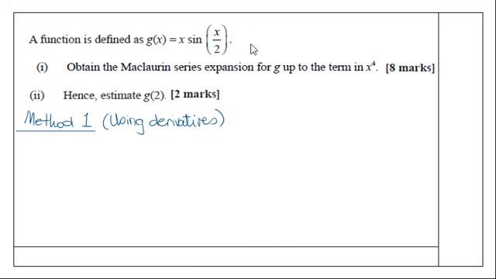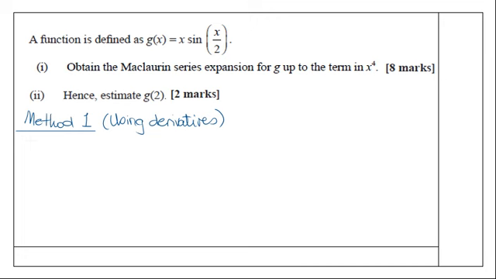For example, this function here looks like it's going to be tedious because we have a product and we have a function of a function, which means to differentiate, we're going to have to use the product rule as well as the chain rule. So this may turn out to be a tedious question, but I'm showing you that method, and then I will show you an easier, quicker method.